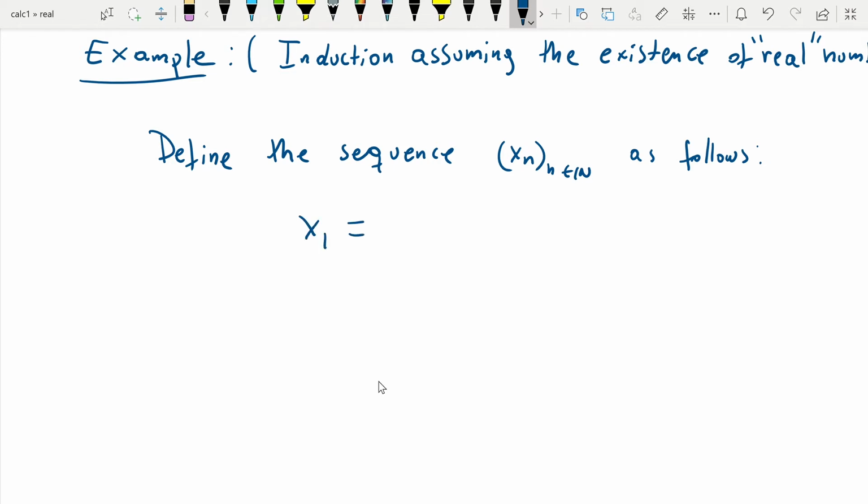X1 is set to be equal to the square root of 3, and assuming we have defined the nth term of the sequence, the next term will be equal to the square root of 3 plus x of n.